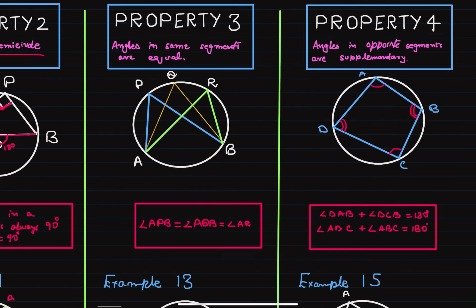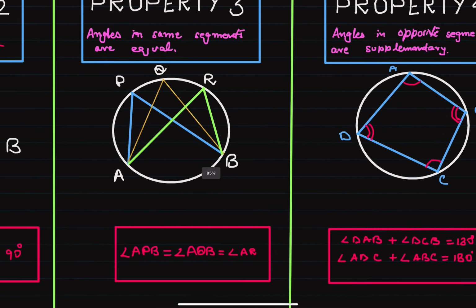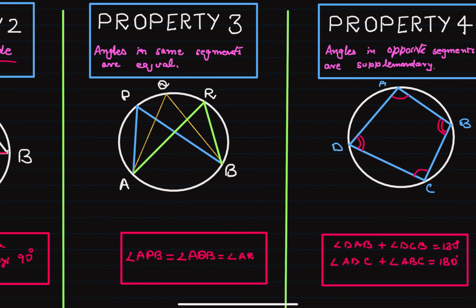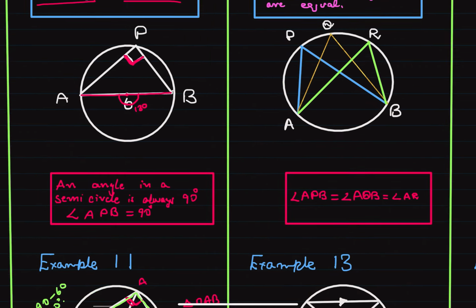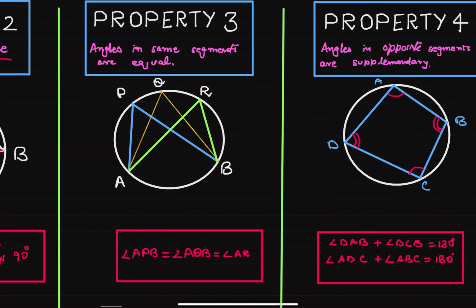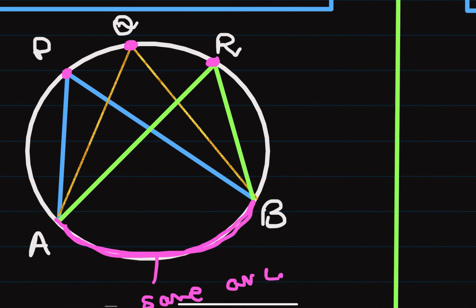Let's come over to property number 3, that angles in the same segment are equal. I just applied this property here. So this is also easier if there are angles at the circumference, and if they are facing the same arc, then all these angles should be equal.